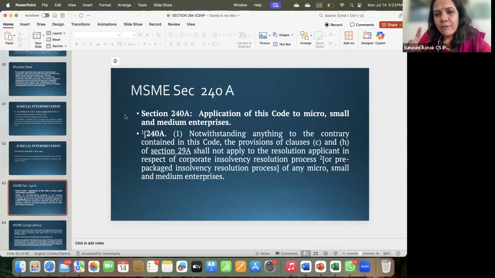It has to be invoked and unpaid. If the bank is invoking and the guarantor is not paying, then he is ineligible. Suppose the guarantee is not invoked, even if CIRP is initiated, then he can be a part of SRA.